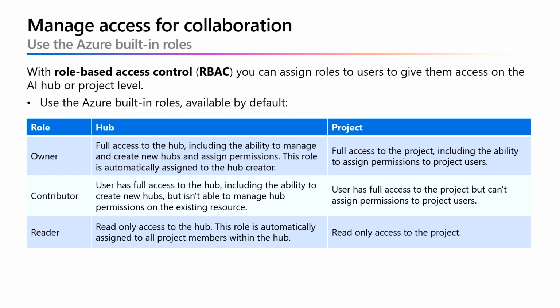Now, if you're a little bit familiar with Azure already, the way we use that is RBAC, role-based access control. Now, RBAC is available as a specific Azure AI Studio integration. What it means is that you're going to define specific permissions within the Azure environment using the built-in roles. Now, if you think about what kind of role do I need for my team, it's probably owner, contributor, or reader.